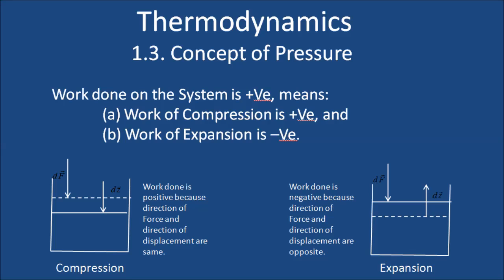And the expansion work should be negative, because in case of expansion the external agency does not do work, the work is done by the system. That is why work done on the system will be negative for expansion.